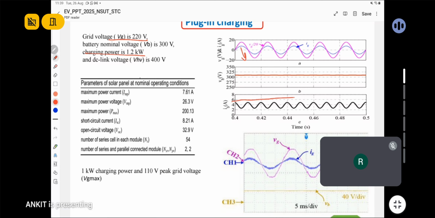The battery current has a second harmonic component, which is inherent in the system because of single stage operation. In single phase single stage operation, the second harmonic will come, and it can be suppressed by some control strategy or some filter component.